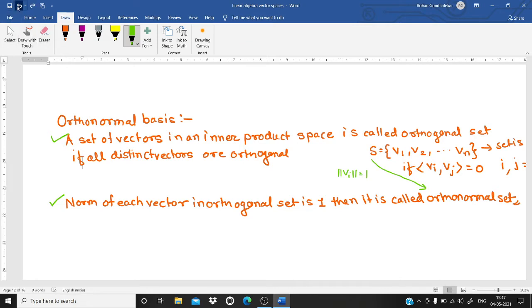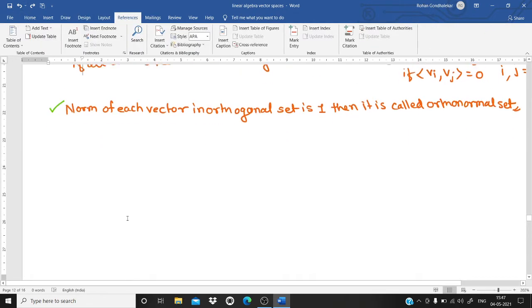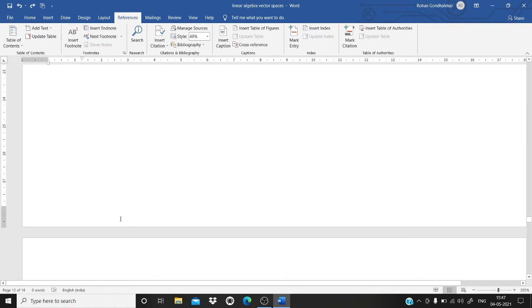Now we have studied these definitions, and we'll extend this discussion to problem solving. First question: check whether the following set of vectors in R3 is orthogonal with respect to the Euclidean inner product.